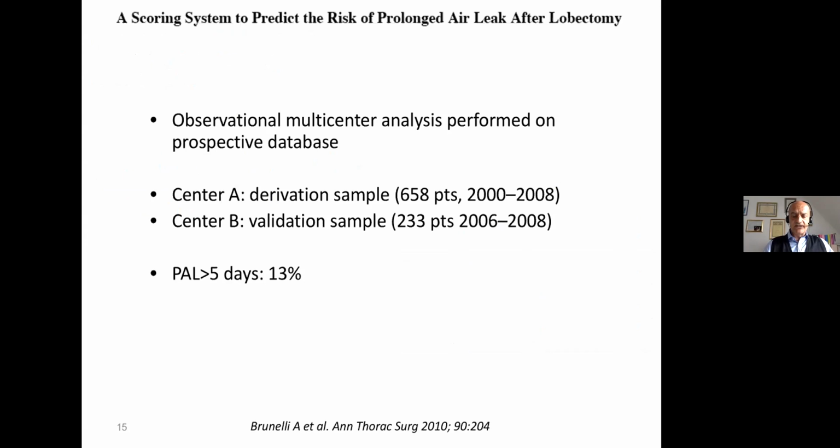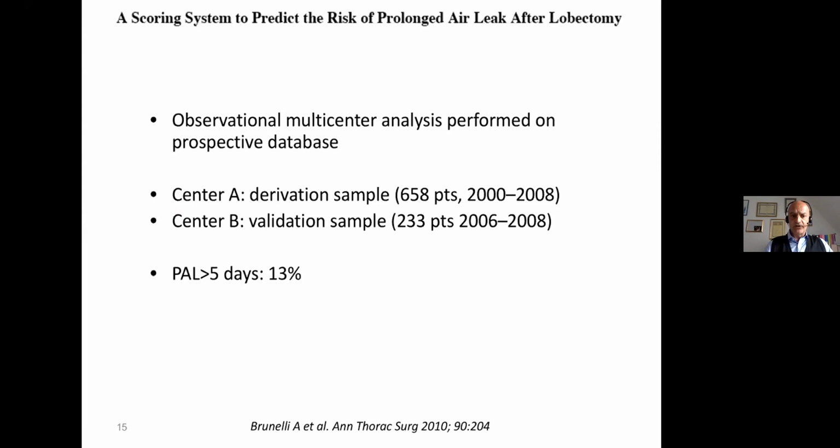This is the most recent model we published in 2010 in a group of patients operated through an open approach before moving to the UK. This is a multi-center analysis using 650 patients as a derivation group, and then this model was validated in an external sample of patients operated in another center.